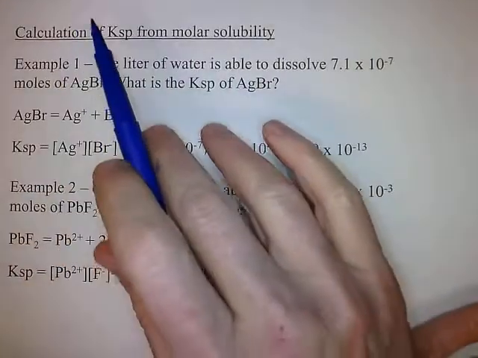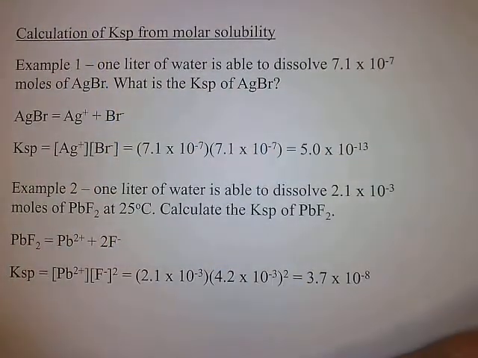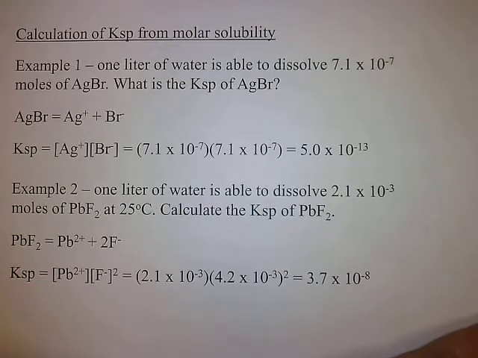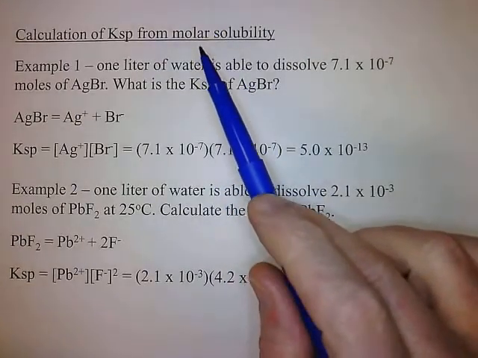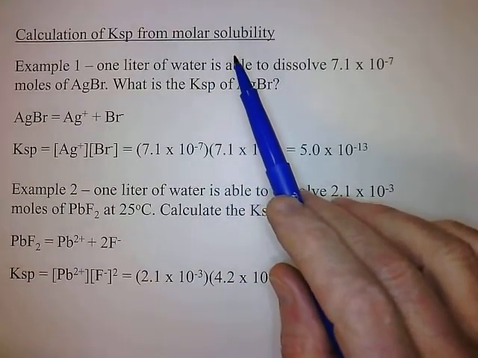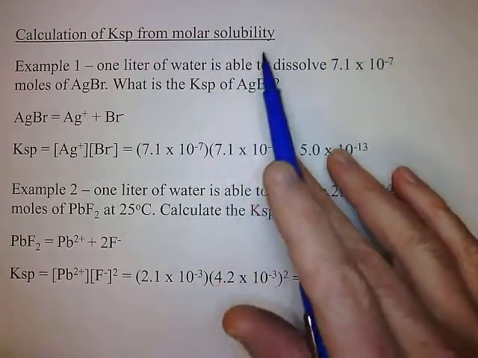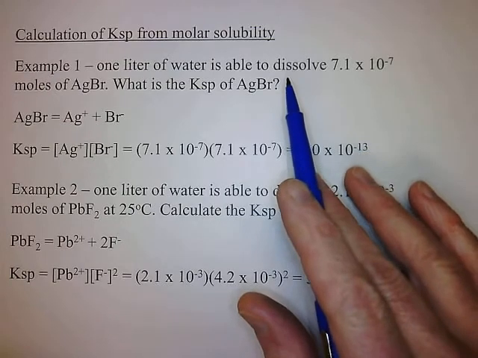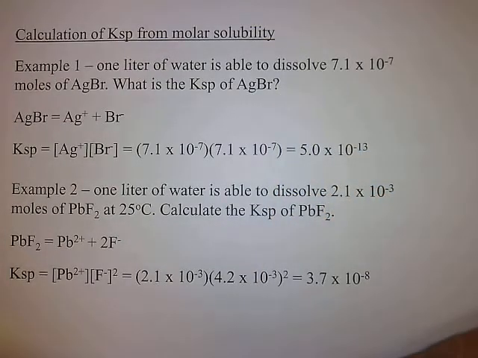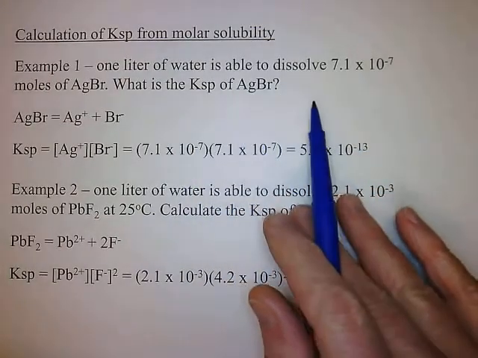So there's 2 kinds of calculations I can give you. The first is where we calculate Ksp from molar solubility. In other words, this is where I tell you that a solution is able to dissolve so many moles of a solid, and ask what is your solubility product constant?